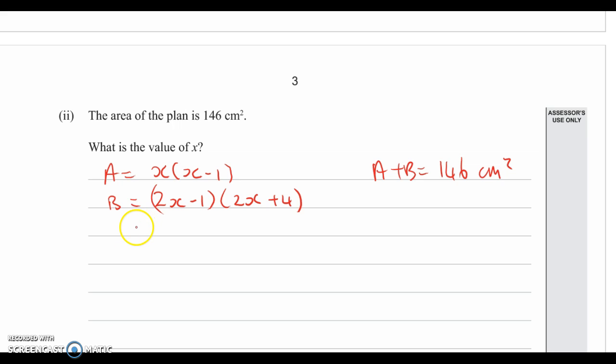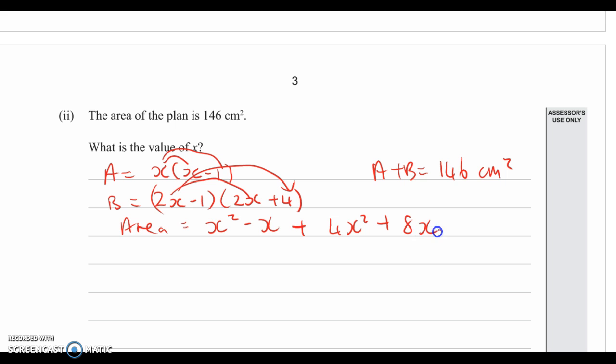So area equals x squared minus x, so that's just that multiplied in there, plus B would be 4x squared plus 8x minus 2x minus 4, and I know it equals 146.